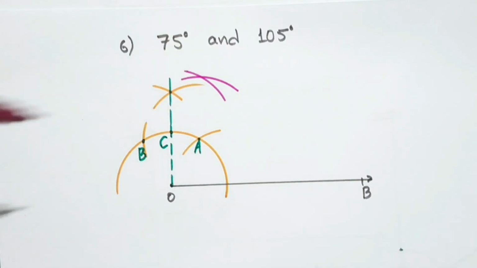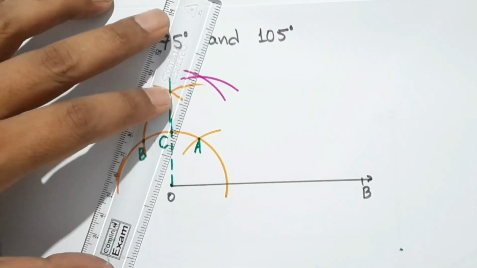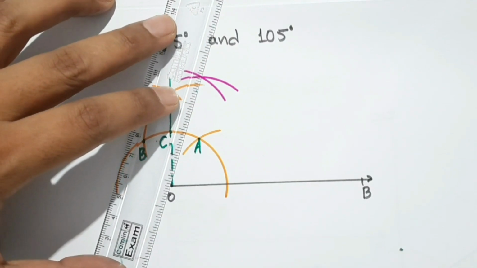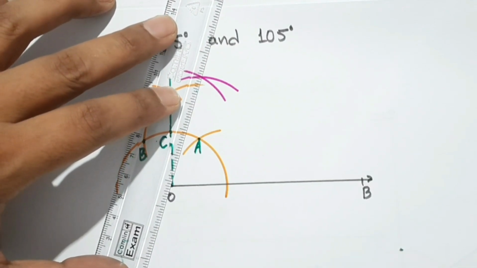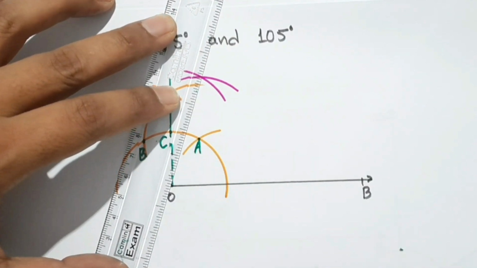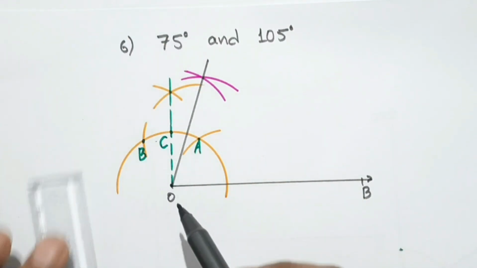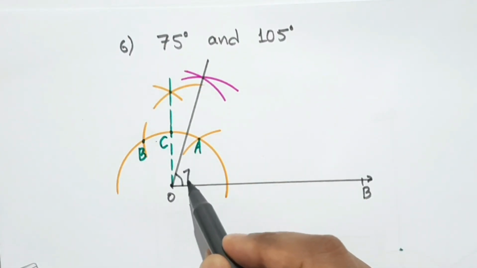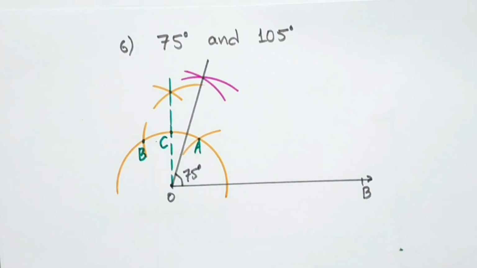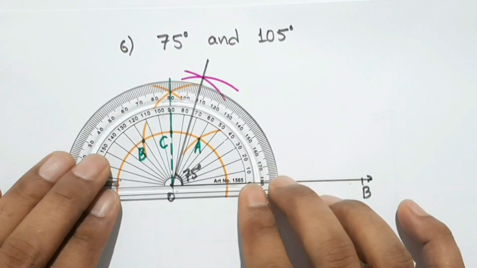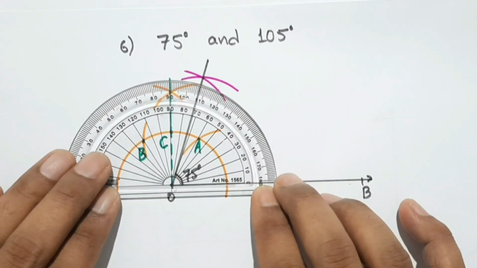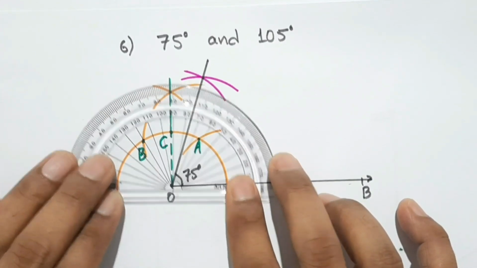So this angle is our 75-degree angle. For 75-degree we use the points A and C. Let us verify. So this angle is our 75-degree.